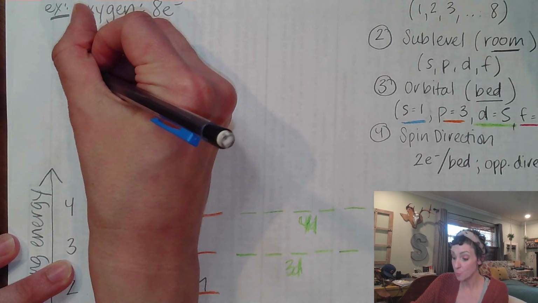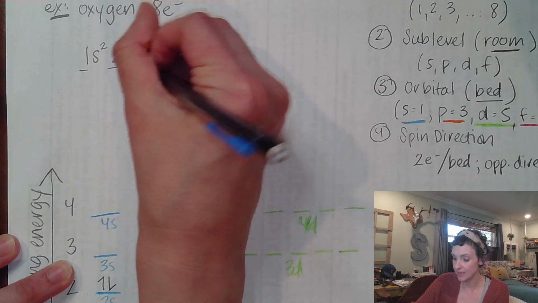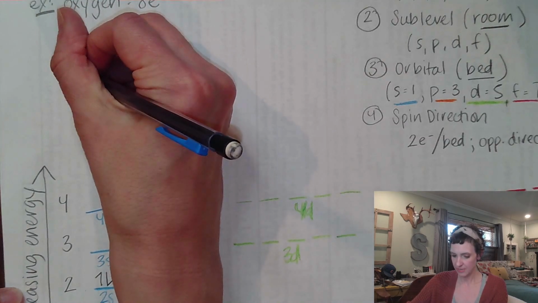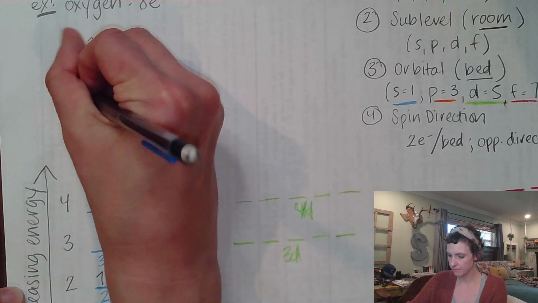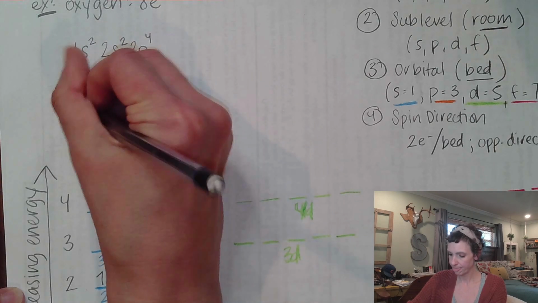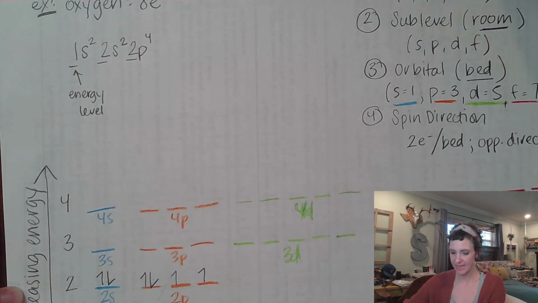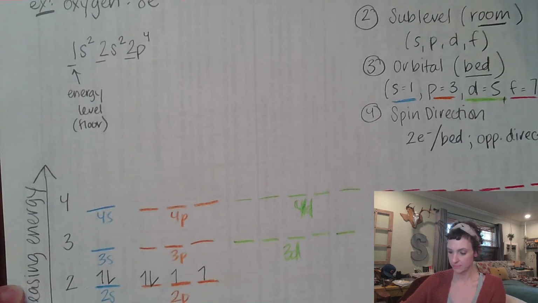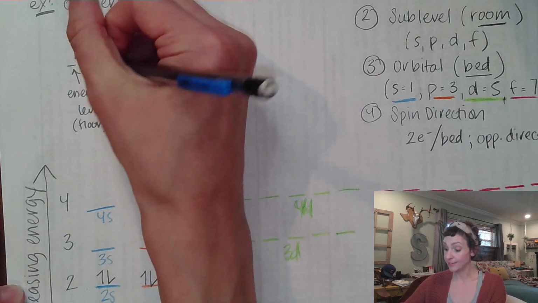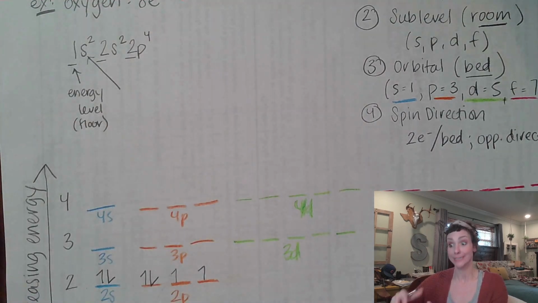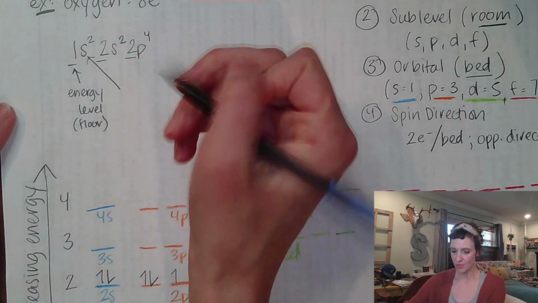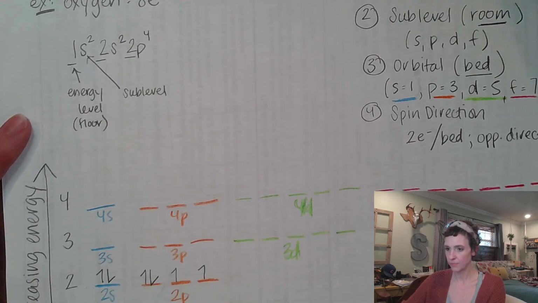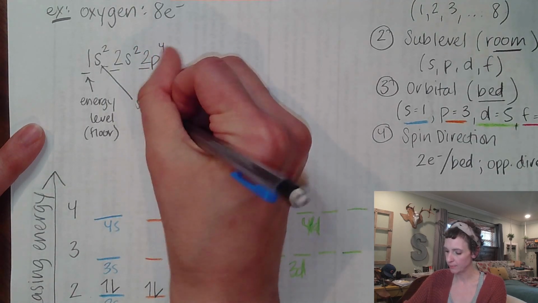So I want y'all to look here. The big numbers represent my energy level, right? So these are the energy level. And once again, those are the floor. And then the letters of the alphabet, my S, P, D, and F, we'll get there too, those represent the sublevel, which is the room.